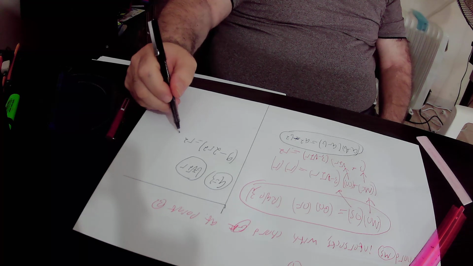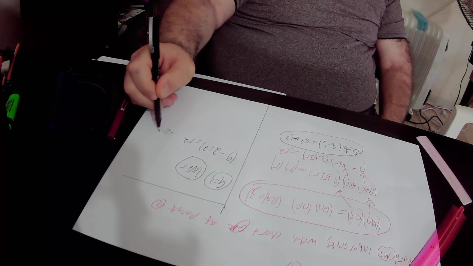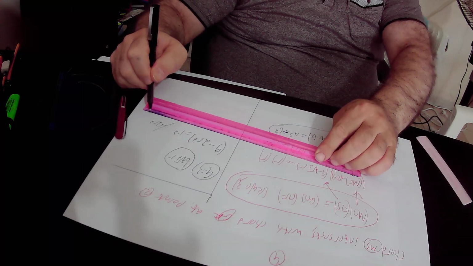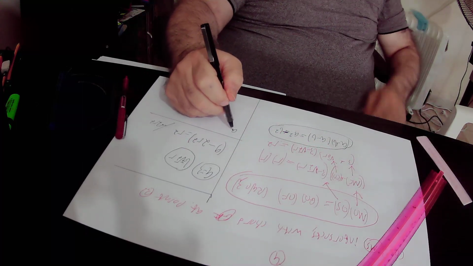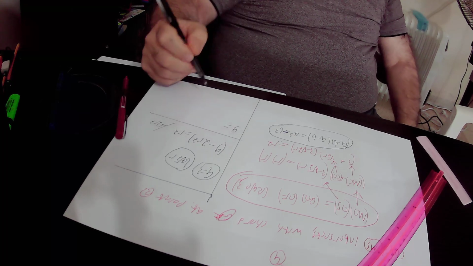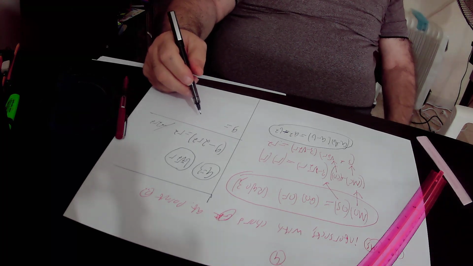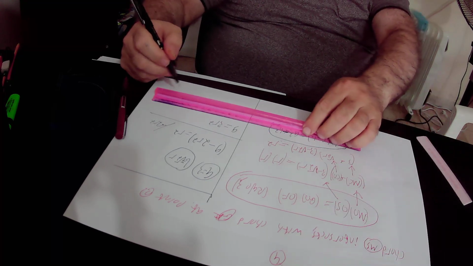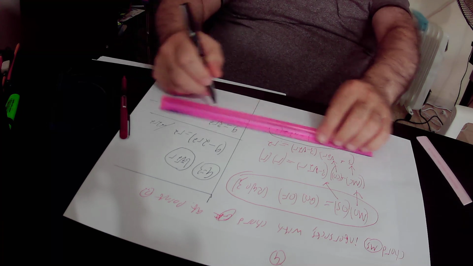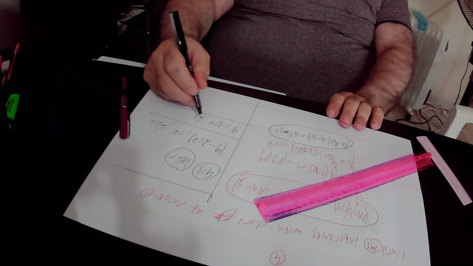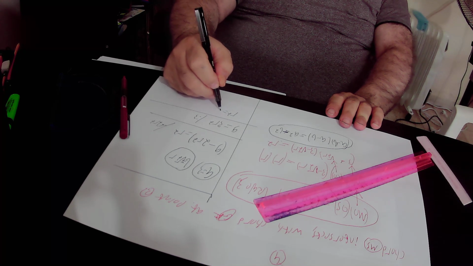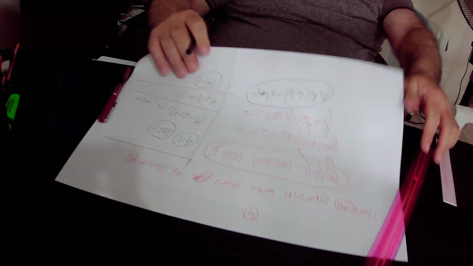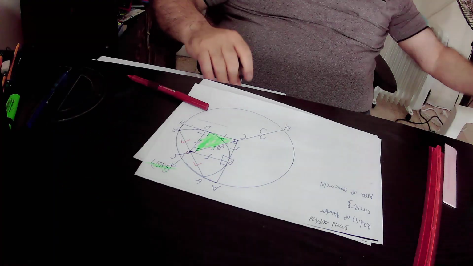So here we will add 2R squared to this equation, and we will get that 9 equals 2R squared plus R squared is 3R squared. So 9 equals 3R squared. We'll divide this equation by 3, and we'll get that R squared equals 9 over 3, that is 3. So here R squared equals 3.